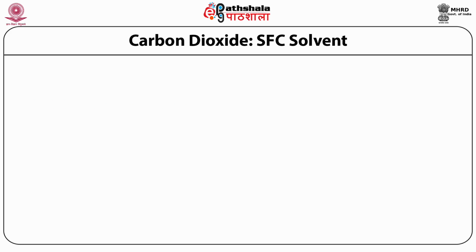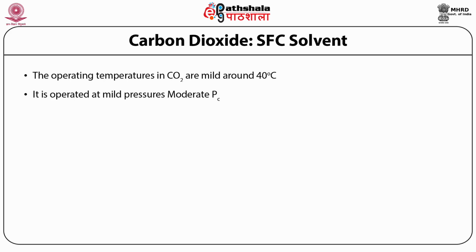Carbon dioxide is the most common choice as mobile phase in supercritical fluid chromatography. This is because carbon dioxide has mild critical temperature and mild critical pressure. It can reach high densities around 40 degrees at pressures less than 40 MPa.